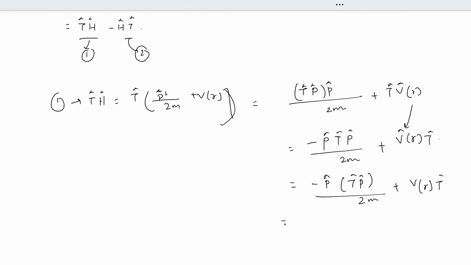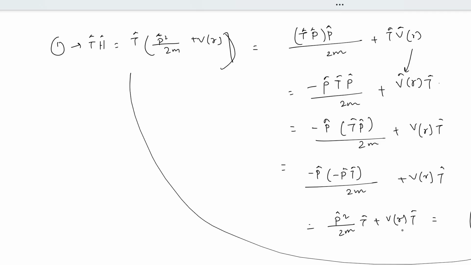Now TP is equal to again minus PT, so this is minus P, this is plus P squared by twice M T cap. So you are getting P squared by twice M plus V(R) T cap.